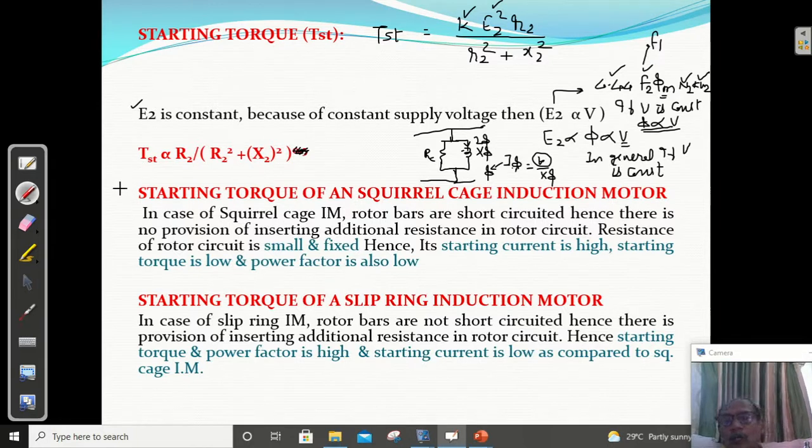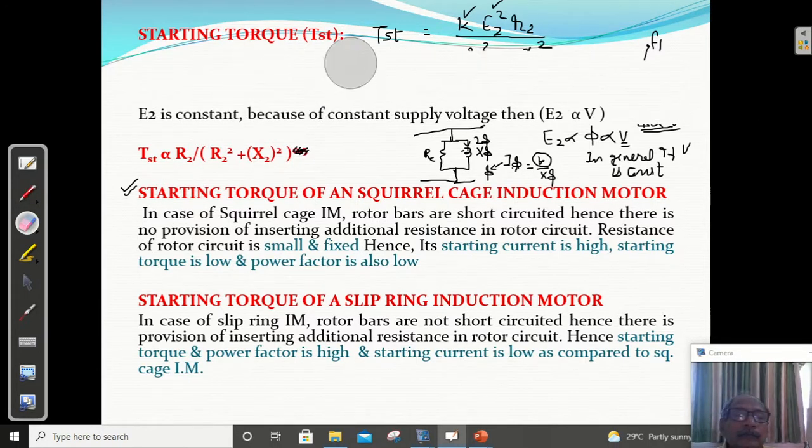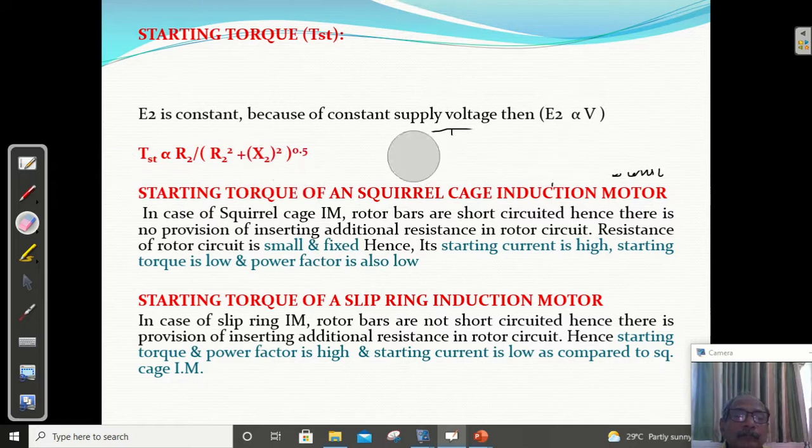Now what will be the starting torque for squirrel cage induction motor, and what will be the starting torque for slip ring induction motor? We will discuss. Now please note, in case of squirrel cage rotor, we can't insert additional resistance.